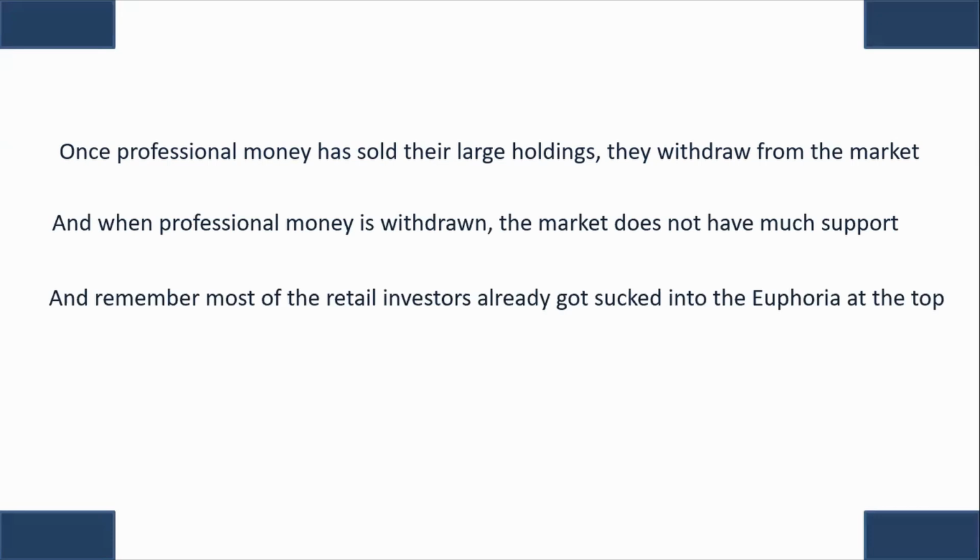And remember, most of the retail investors already got sucked into the euphoria at the top. You have limited money, you have already invested at the top. You have no more money left. So there are not many buyers left in the market.